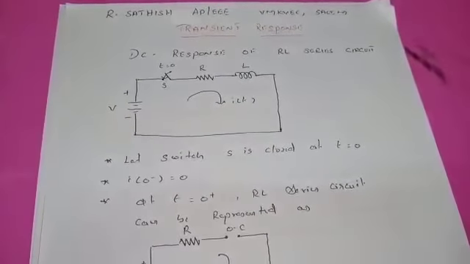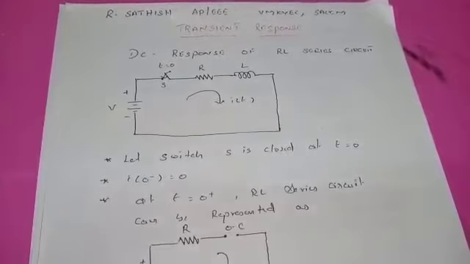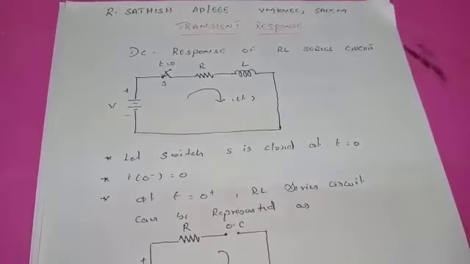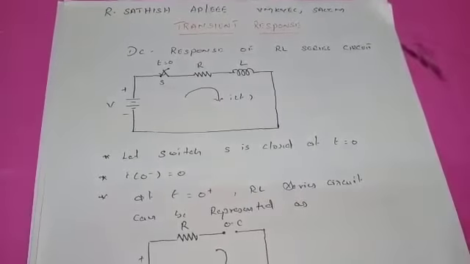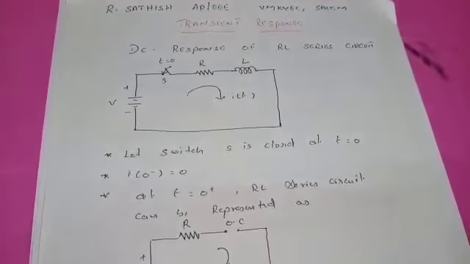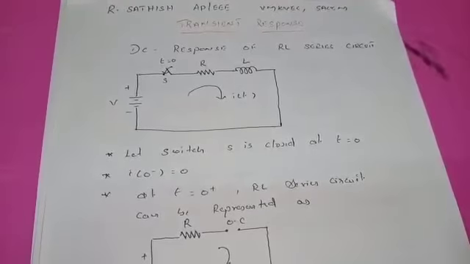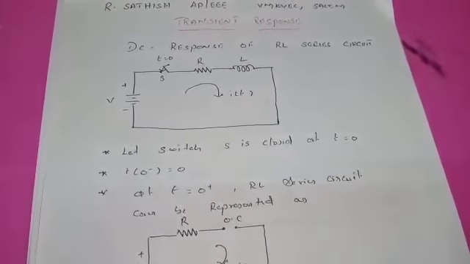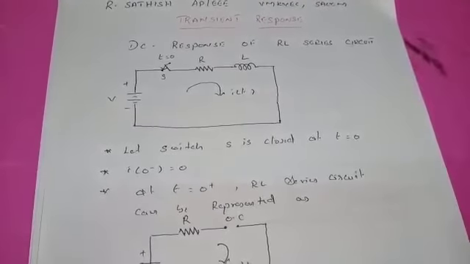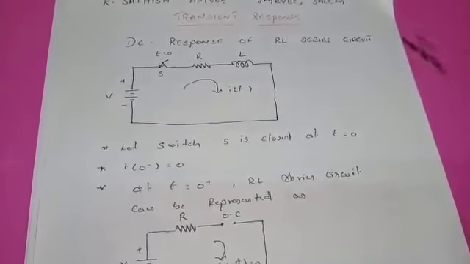That is, at the instant when the switch is closed, the current in the inductor is 0, because only after the switch has been closed for a long time does the current start flowing in the inductor. So at the instant when the switch is closed, the current in the inductor is 0.